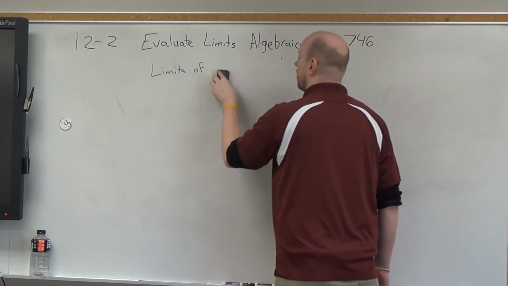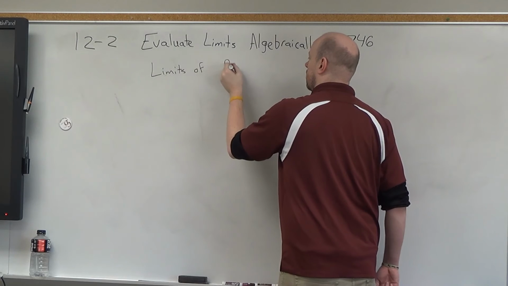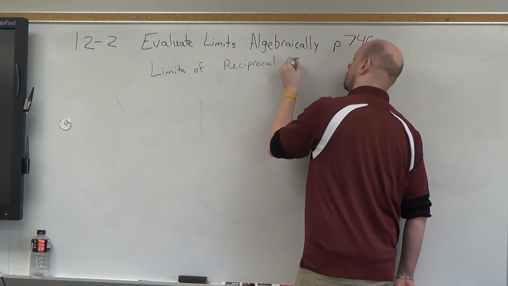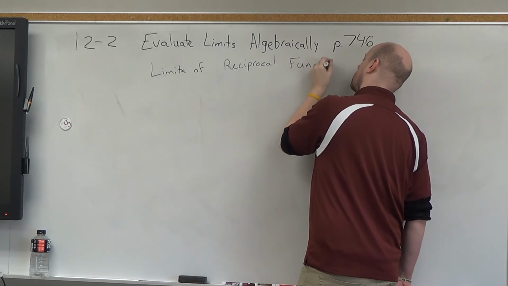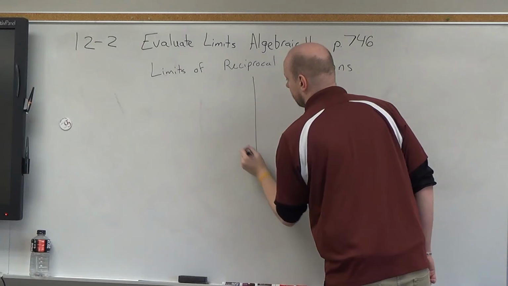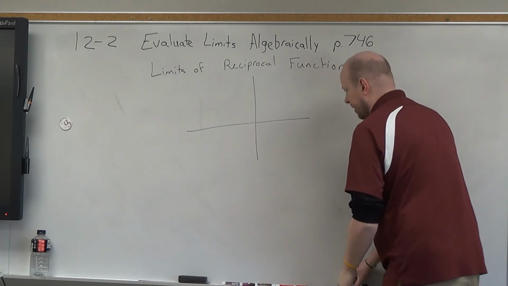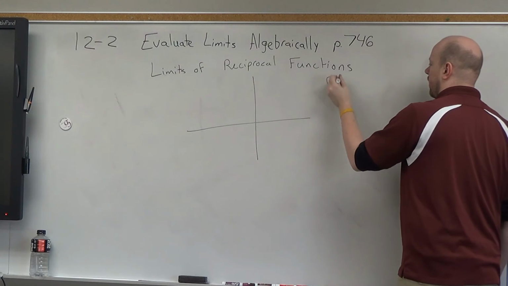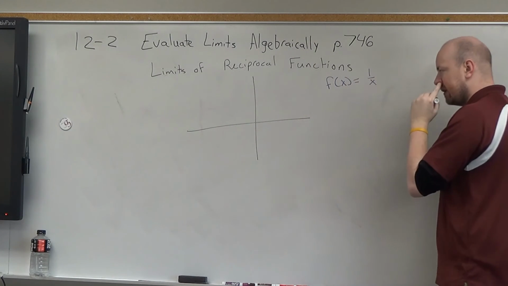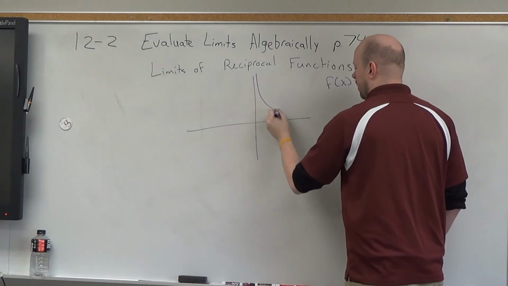Now we get to limits of reciprocal functions. Okay, the limits of reciprocal functions. Again, the most common one that we've talked about quite a bit, f of x is 1 over x. So it would be something like this.